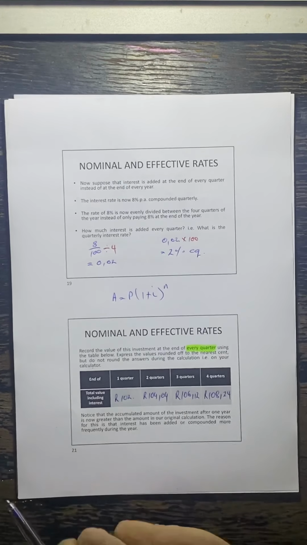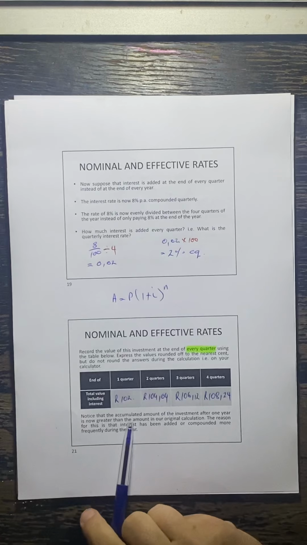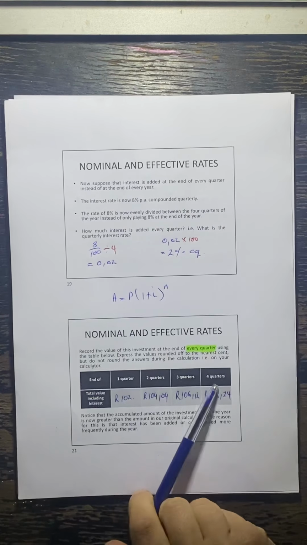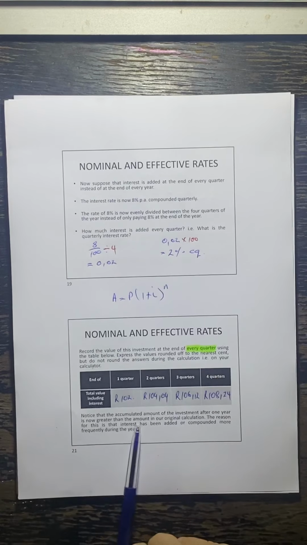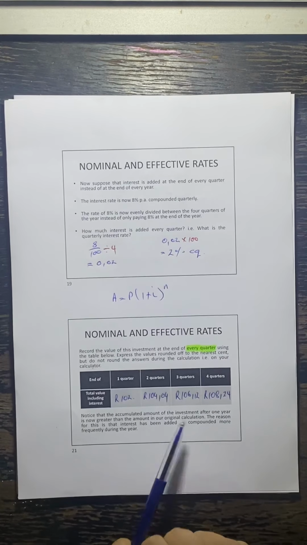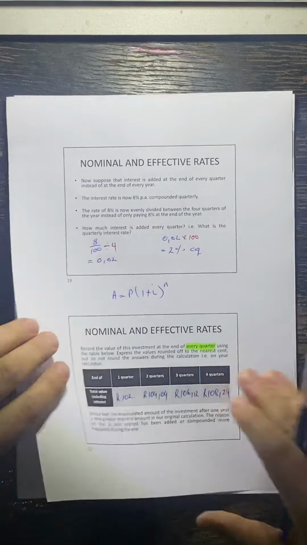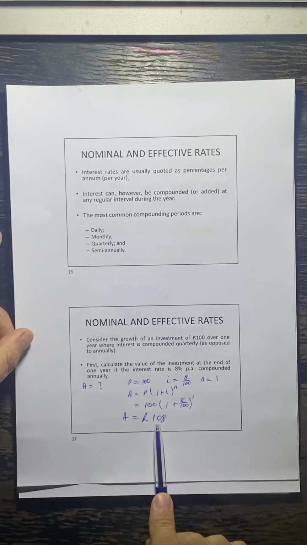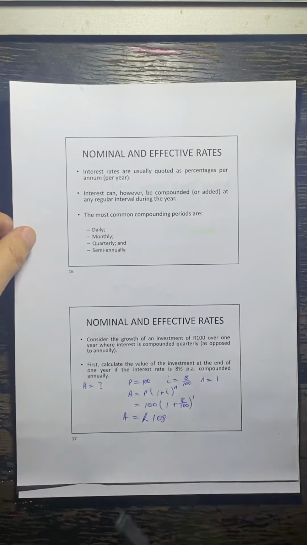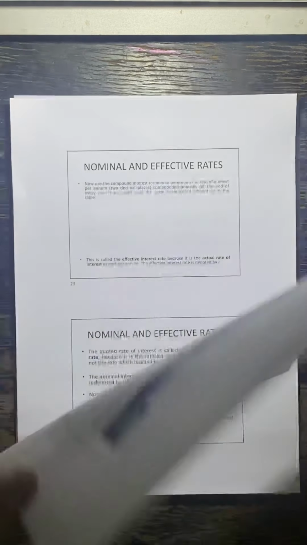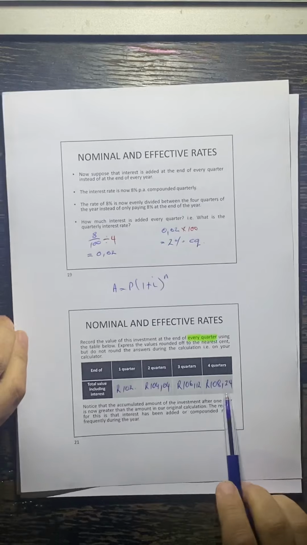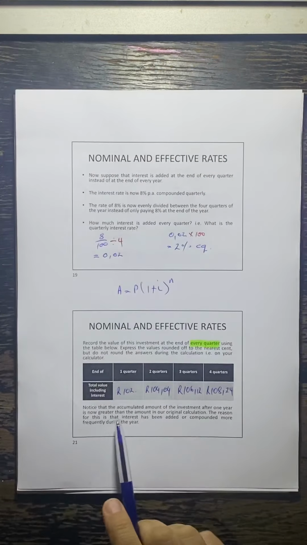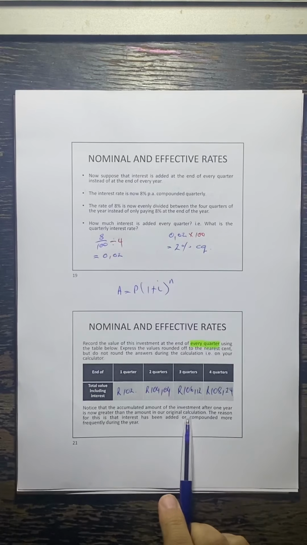Okay. So notice that the accumulated amount of the investment after 1 year, because there's 4 quarters in a year, is now greater than the amount in our original calculation. So remember with the original one, if we just had the normal compound interest, we got 108 Rand. But now if we compound it quarterly instead of annually, we're now getting 108 Rand and 24 cents, which is greater than the original calculation.